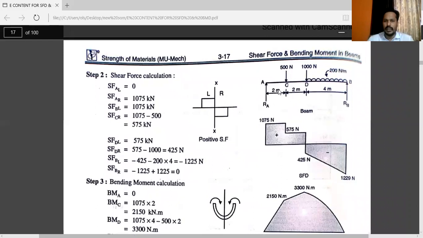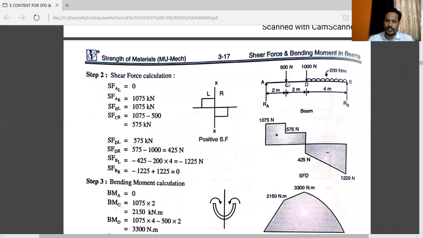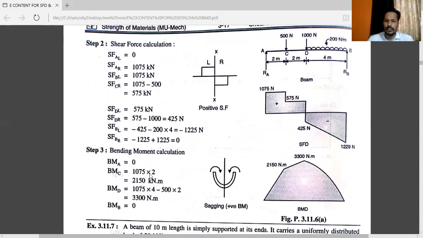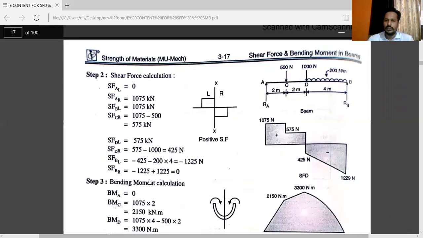While calculating bending moment at point C, you just have to consider only the left side. RA will move in the positive manner. So 1075 into perpendicular distance 2, the value is positive. So 1075 into 2 is 2150 Newton meter.